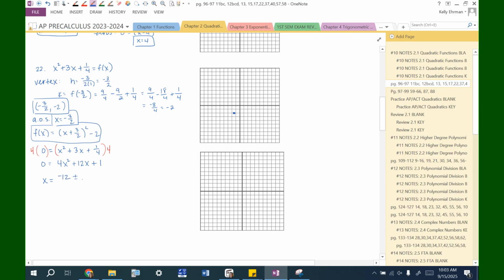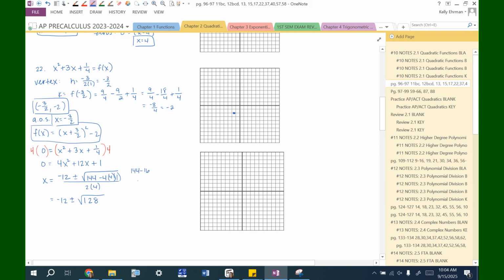Opposite of b plus or minus square root of b squared minus 4 times a times c, all over 2 times a. Negative 12 plus or minus, this is 144 minus 16, so that's the square root of 128. That seems right.